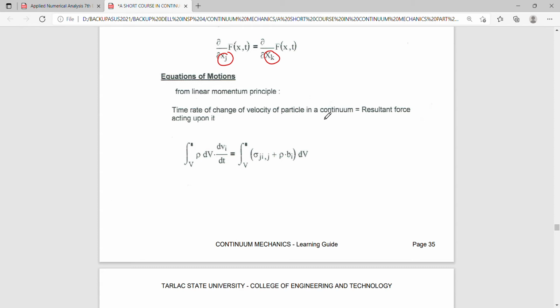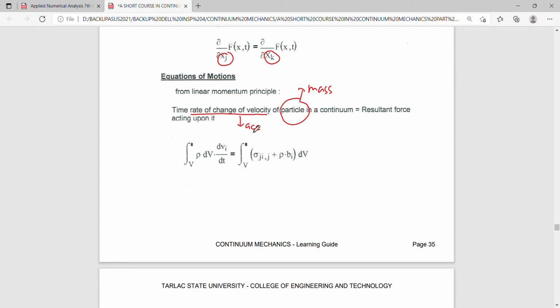Okay, so when you say a particle, we are referring to the mass. Okay, so this is the mass representation of the body, and we're talking of the rate of change of velocity. We are referring to the acceleration.